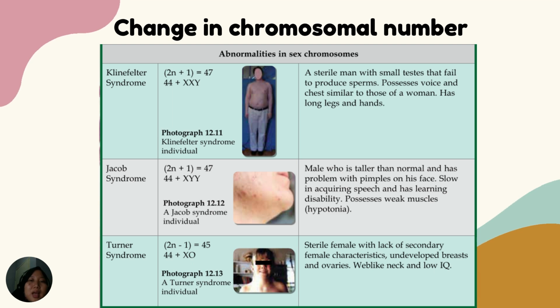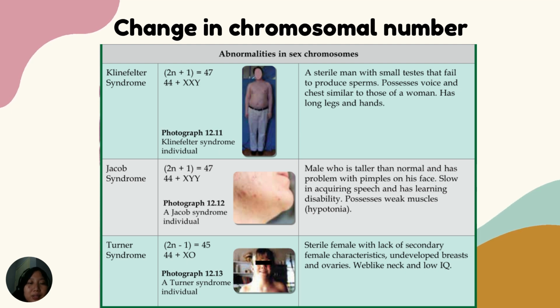So whenever there's an abnormality in the sex chromosomes, when there is XXY, that is a male, and that is Klinefelter syndrome. The characteristics are sterility, with small testes, failure to produce sperm, and voice and chest similar to those of a woman. They have long legs and hands.